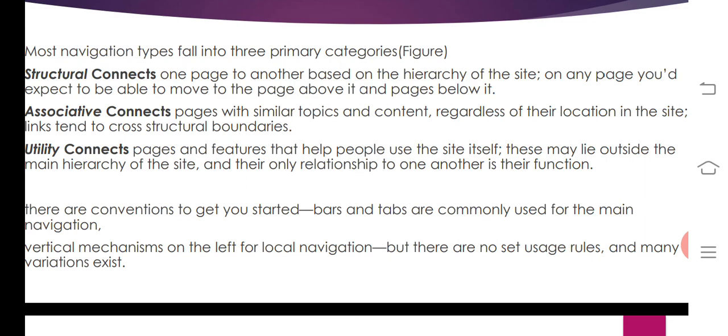There are no set usage rules and many variants exist. Practically, if you see why navigation is important on websites, such as your email sign up page, all fall into three primary categories: structural connects, associate connects, and utility connects.